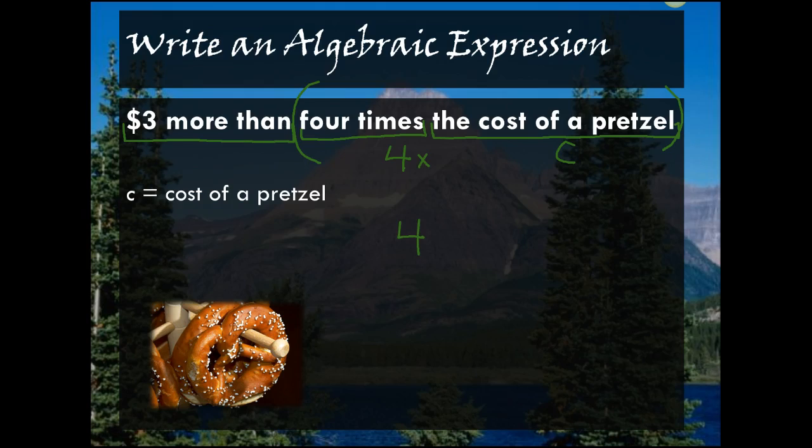However, whatever it is we're purchasing is $3 more than that. That means an additional $3, so we'll have to add plus 3. It is also okay if you wrote $3 plus to represent the more than, and then wrote 4C second, 4 times the cost of a pretzel.